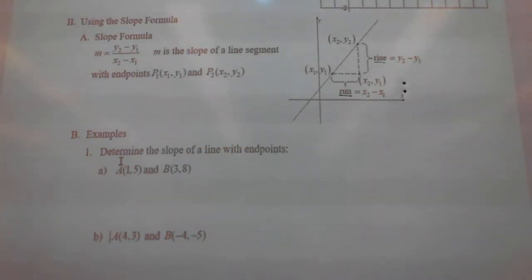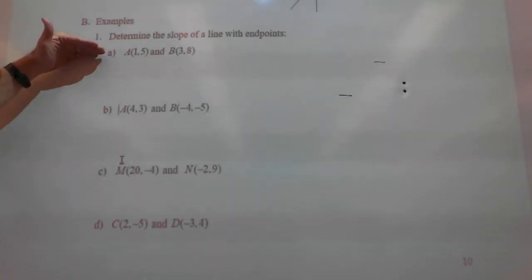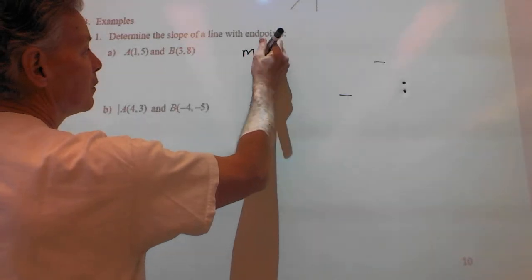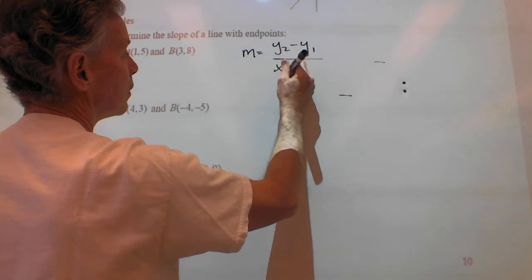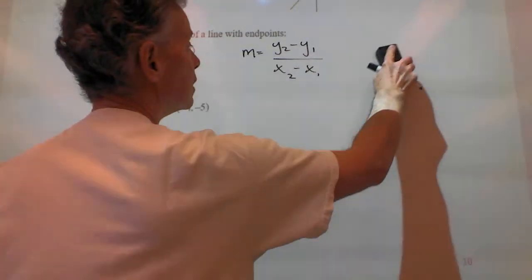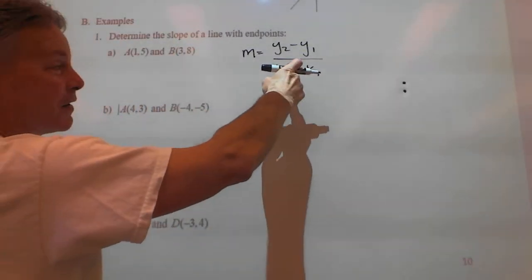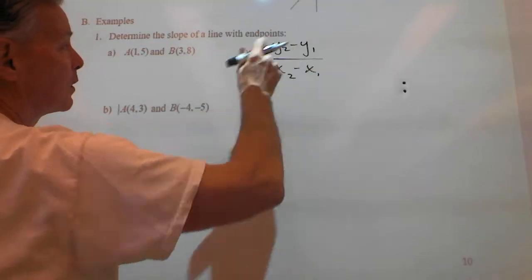So if we take a look at some examples where you're determining the slope, for example, the first one, your formula is slope equals y2 minus y1 over x2 minus x1. You might ask, which one is the x2 and the y2? Which one is the x1 and the y1?